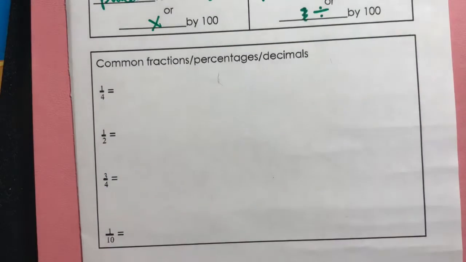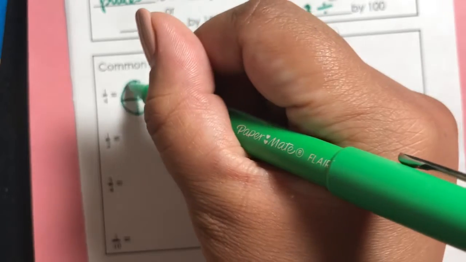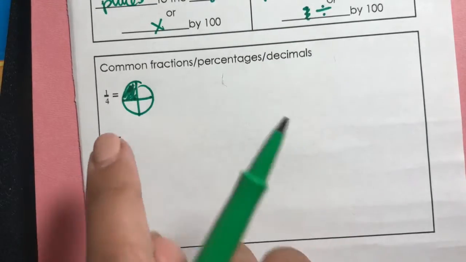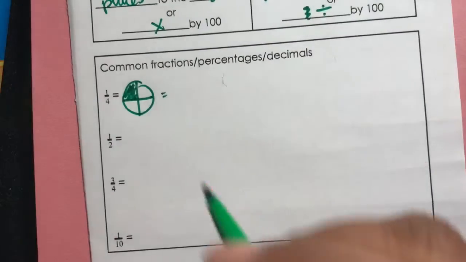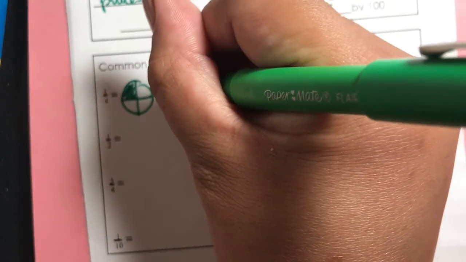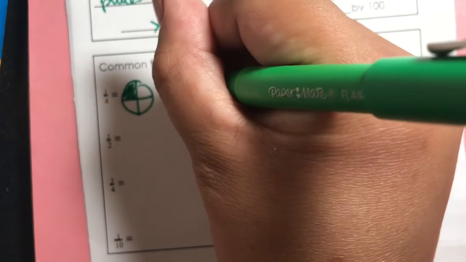For 1/4, we're going to give you a visual for all of these fractions. For 1/4, we have our pizza here, and then you shade it in, and so that's 1/4. Now to turn it into a decimal, you divide the numerator by the denominator.